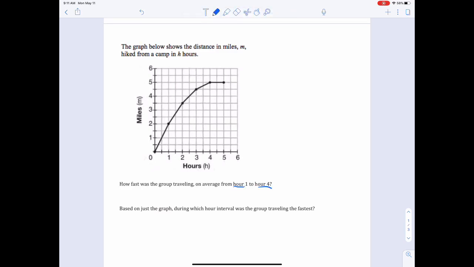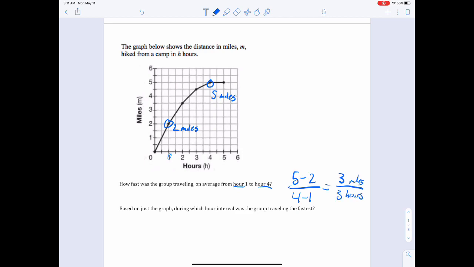Okay, so from hour 1, if you look here, that's 2 miles, and hour 4 is 5 miles. So if we use our formula, our change in y, so 5 minus 2 over 4 minus 1. So they traveled 3 miles in 3 hours.